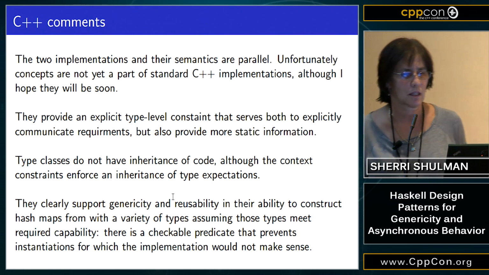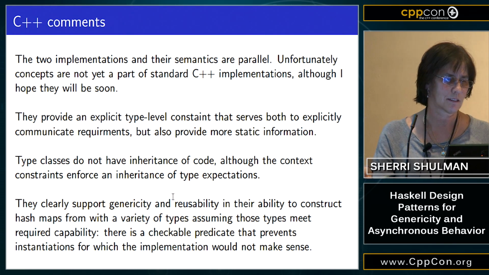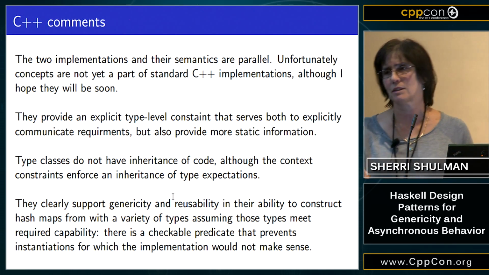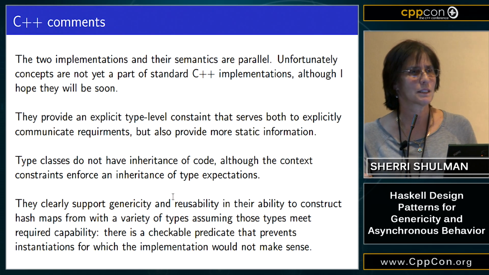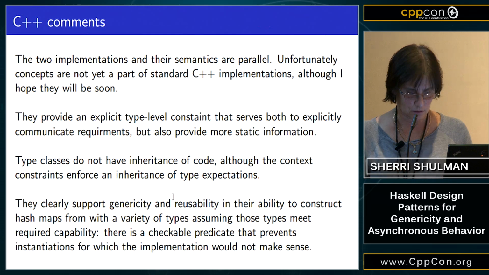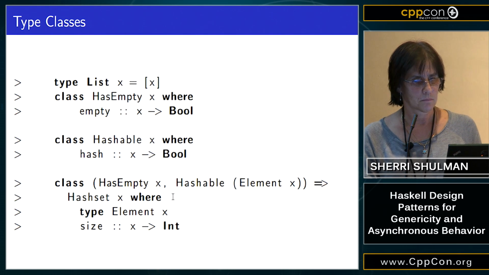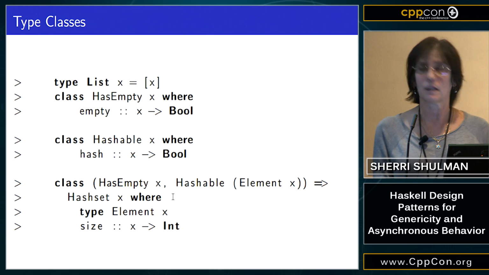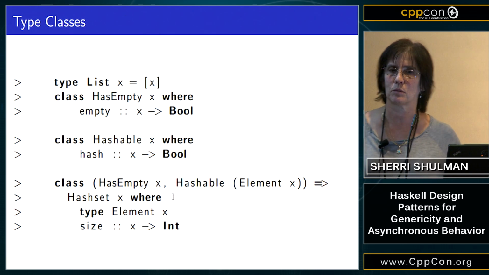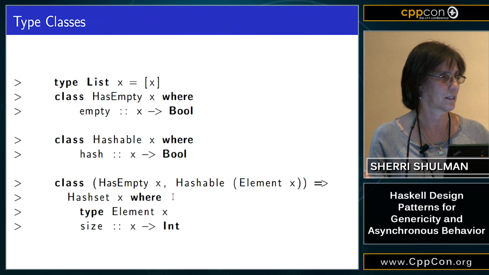Type classes do not have code inheritance, although the context constraints enforce an inheritance of type expectations. So we're not getting inheritance of code, but of course when we have those constraints, so if we go back over here, this constraint, this context, hasEmpty x, hash table element of x, says that x has to meet those constraints.